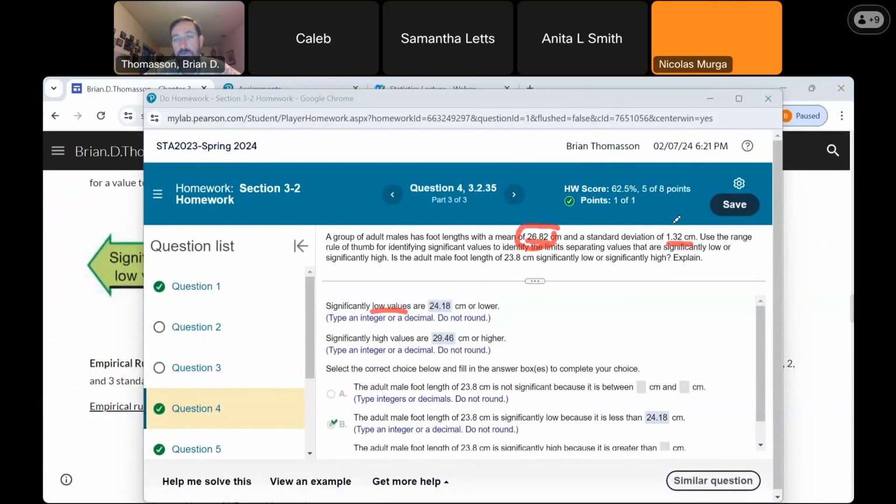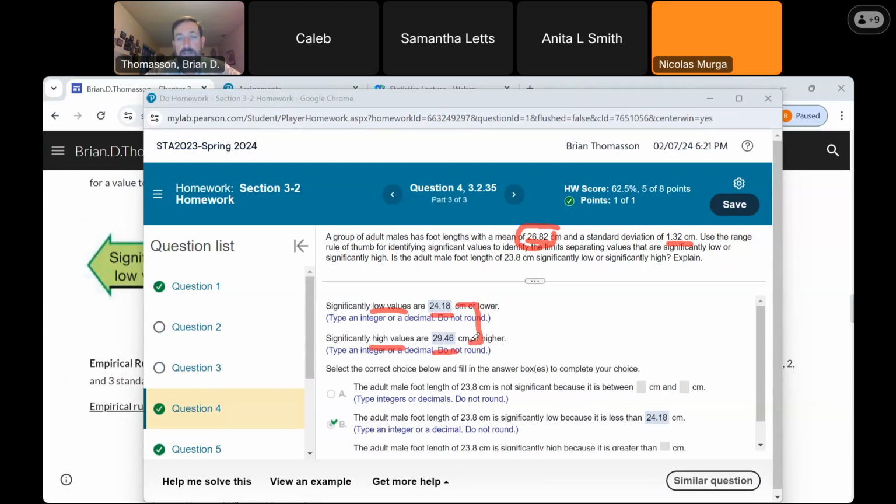So I subtract that 1.32 from 26.82 twice, and that gives me the lower bound of 24.18. The significantly high is the other side. So I take the 26.82 plus 1.32 plus 1.32 again, so I add the standard deviation twice and get the upper bound of 29.46. So between 24.18 and 29.46, those aren't significant values.